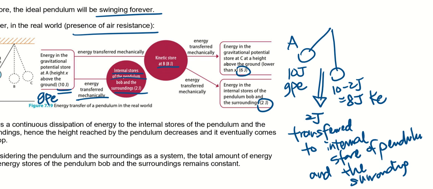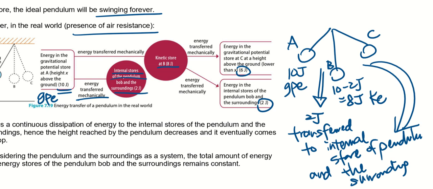Then this is at point B. It will continue swinging to point C. So similarly, assuming the same 2 joules transferred to the internal store of the pendulum and the surrounding, at C I will now have 8 minus 2 joules.